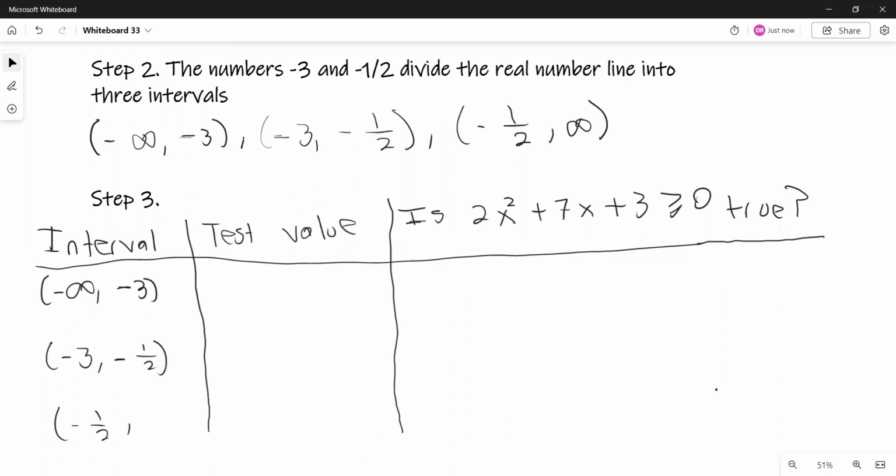On the first interval, we can pick -4 as a test value.